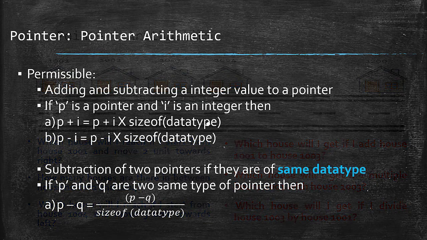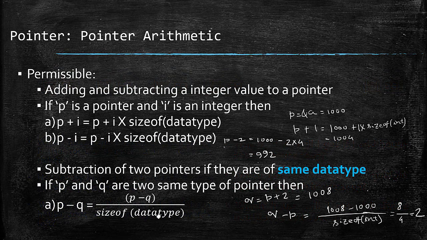So that is why we are finding how many variables of the same type we can allocate in between these two variables. Now for this same example, P minus Q will give me minus 2. You can understand why it is giving me minus 2.